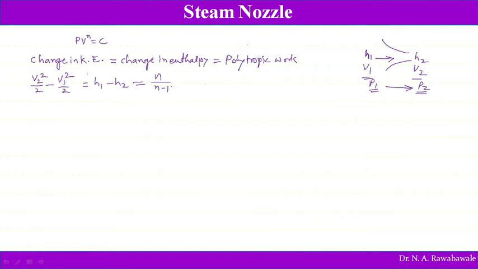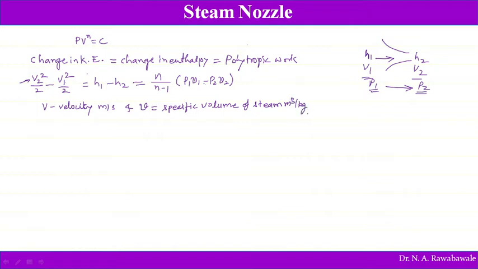and that polytropic work is given by n divided by n minus 1, in brackets P1 v1 minus P2 v2, where capital V is velocity in meters per second, and small v is the specific volume of steam in meter cube per kg.